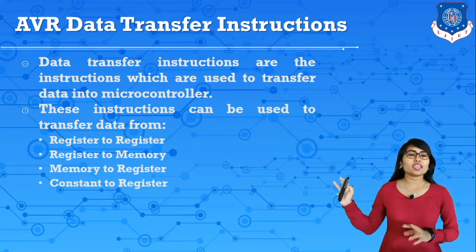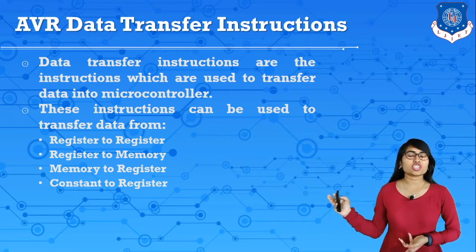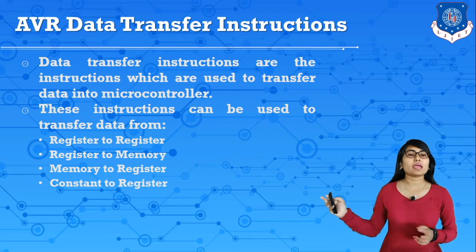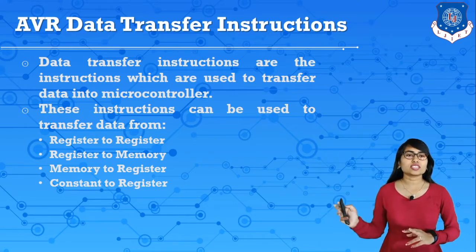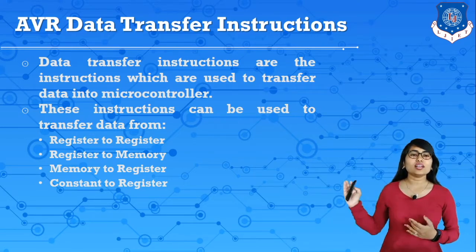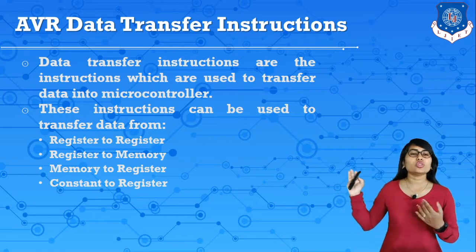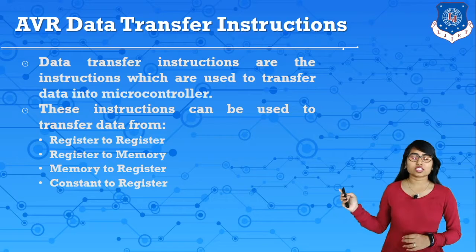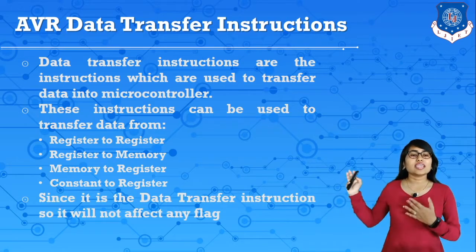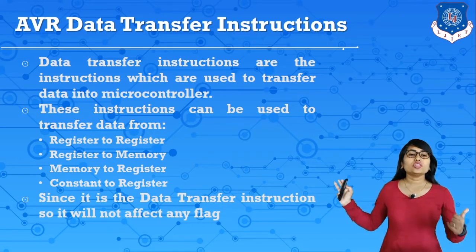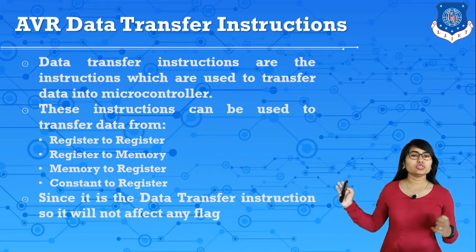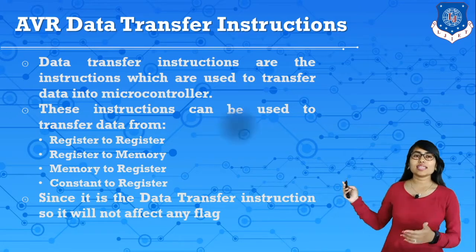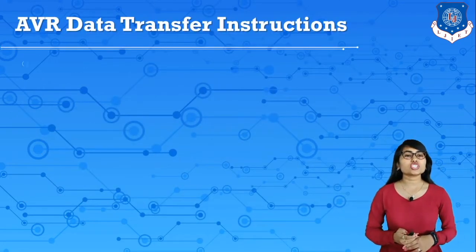So using any of the data transfer instructions, this kind of transfer occurs. Since these are data transfer instructions, the flags are not affected. So let's discuss all the data transfer instructions one by one.